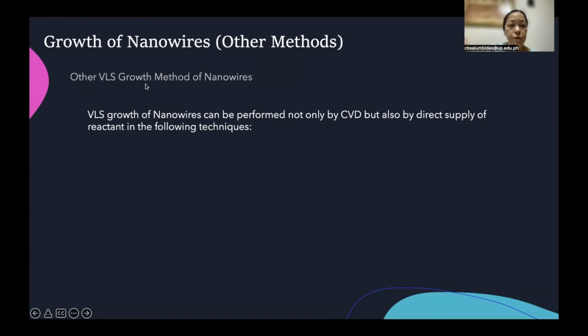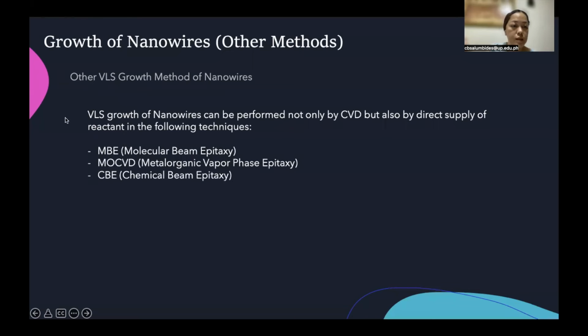It can be performed not only by CVD, but also by direct supply of reactant using the following techniques: MBE, or molecular beam epitaxy, MOCVD, or metal organic vapor phase epitaxy, CBE, or chemical beam epitaxy, and magnetron sputtering deposition.